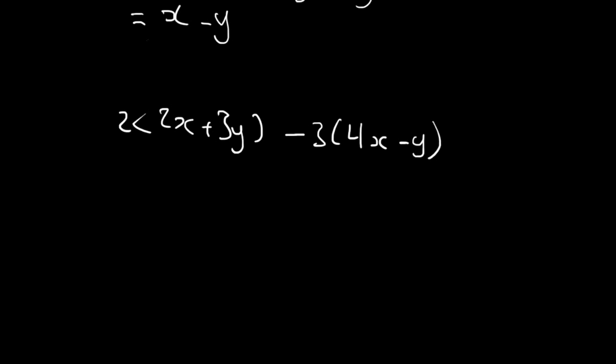So we multiply out the brackets to give us 4x plus 6y, take away 12x, and the negatives cancel out to give a positive, so you have plus 3y.